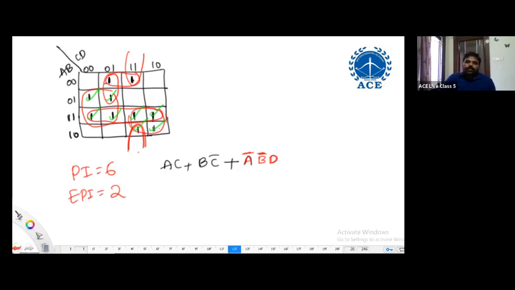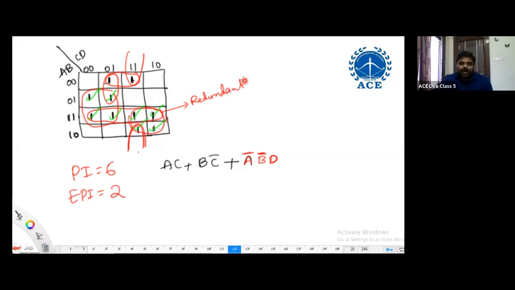Now, if you are observing this grouping clearly, 2 minterms are covered by essential, and 2 more minterms are covered by essential. That means this grouping is perfectly redundant. Any doubt in that?